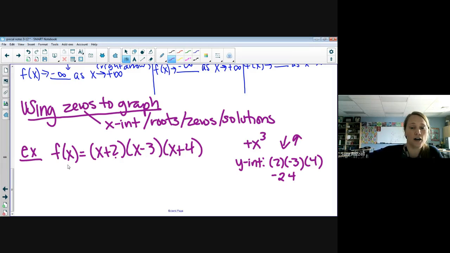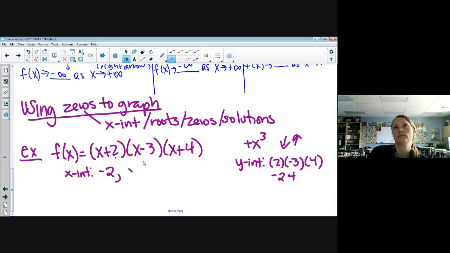Now we're going to find our x-intercepts. This is what y'all have done so much of before in your life. What would be our x-intercept if we have this first factor? The same as finding a 0 or a root or a solution. What would our solution be? Yep, -2, thank you.